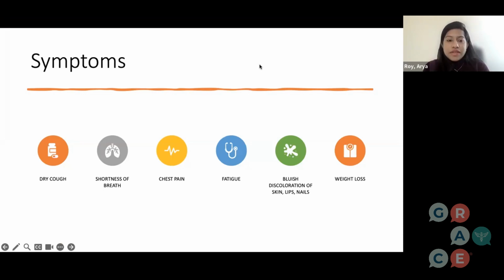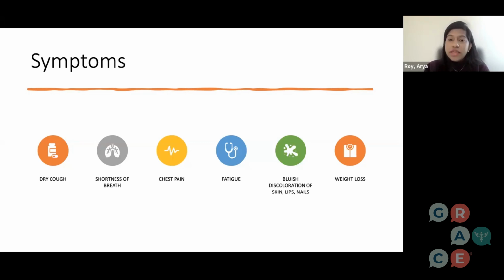So let's look into the symptoms of interstitial lung disease. Most of the time, patients with interstitial lung disease present with a dry cough, or sometimes when it's severe, they can present with shortness of breath. They can have chest pain, and they feel very tired or fatigued.